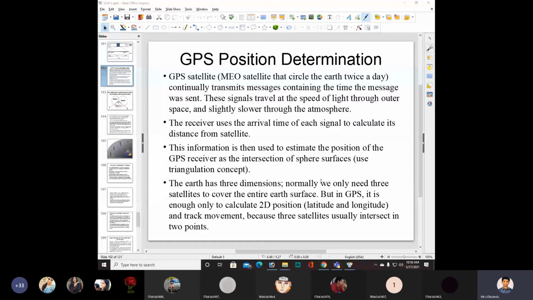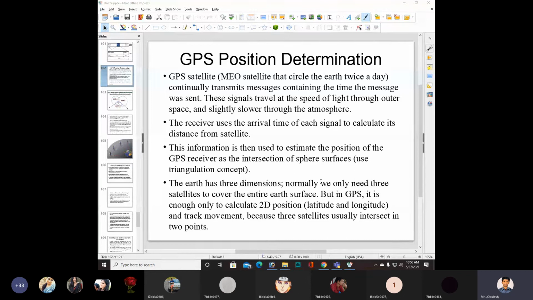These signals travel at the speed of light through outer space and slightly slower through the atmosphere, due to some weather conditions.